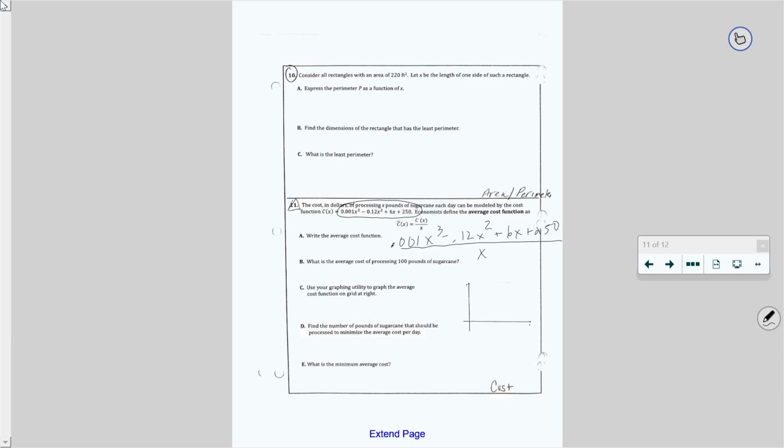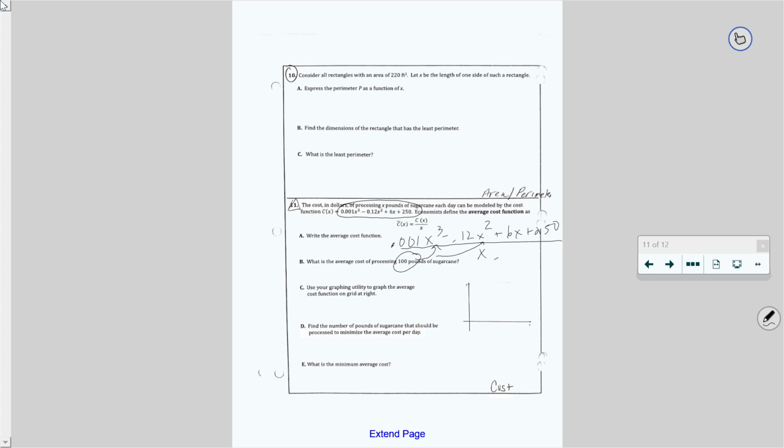So dividing it by x. I think the answer key showed, right? They simplified it. This over x is x squared. X. No x, and then a fraction. So what is the average cost of producing 100? We would take 100 and we would plug it in. Get an answer. Do that in a second.